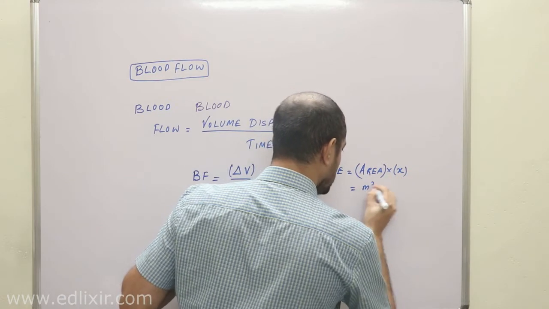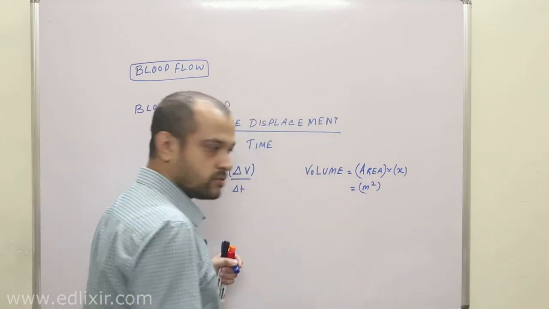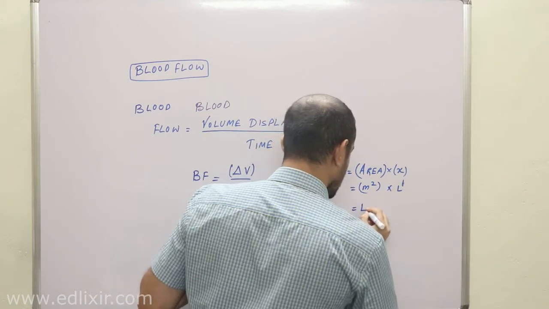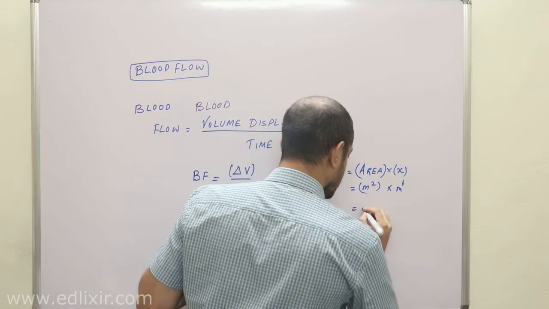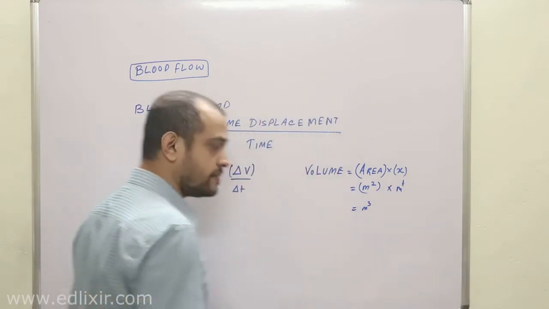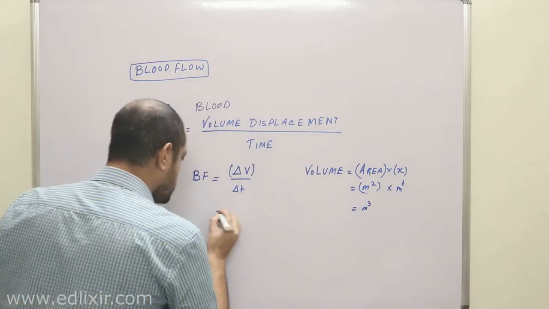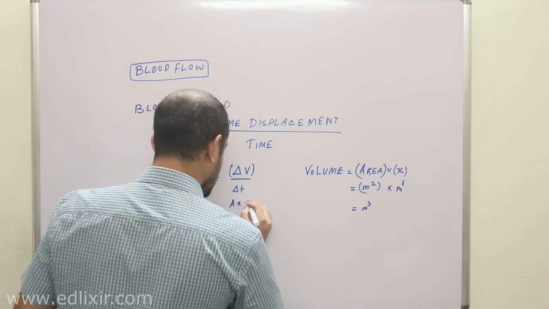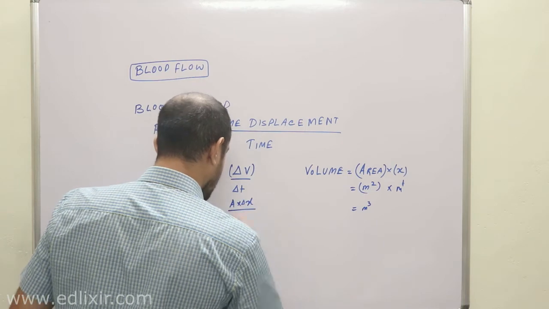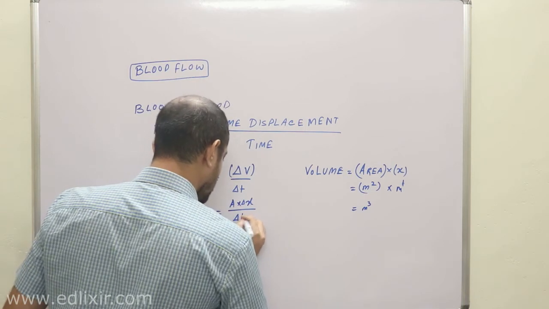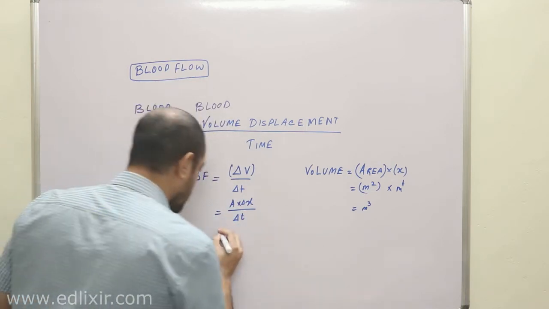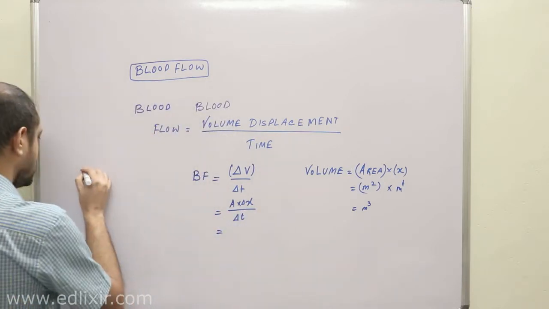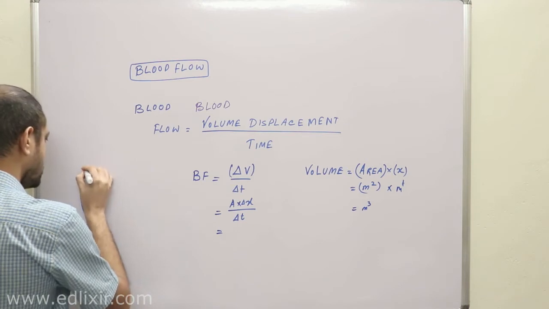Because area has the unit L to the power 2 and displacement has L to the power 1, so volume becomes meters cubed. Now listen with all your attention. That means we can redefine this concept as A into delta x divided by delta t. Now what is this A? This A is the area of cross section.